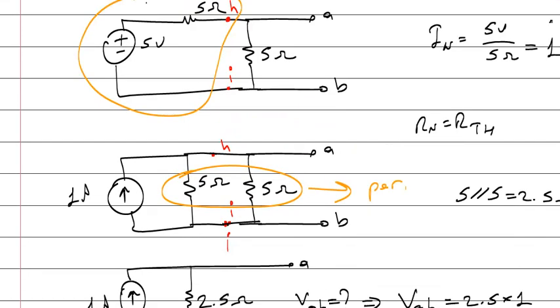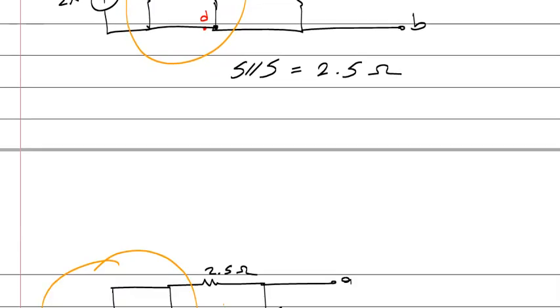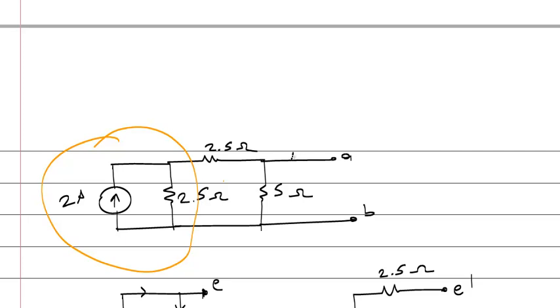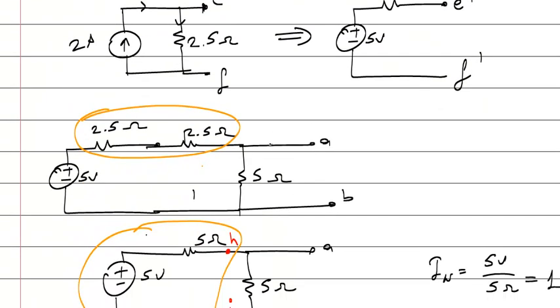Sorry, I have forgotten one resistor here. Look, there is a 2.5 ohm resistor, but I have forgotten to draw it here. So there is a 2.5 ohms, and here there is a 2.5 and 2.5.